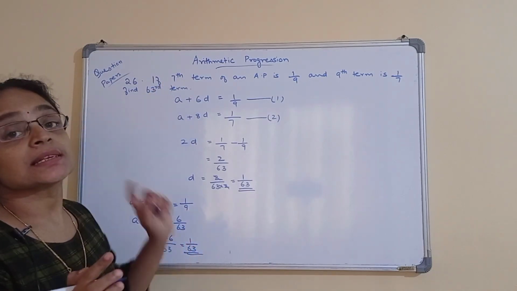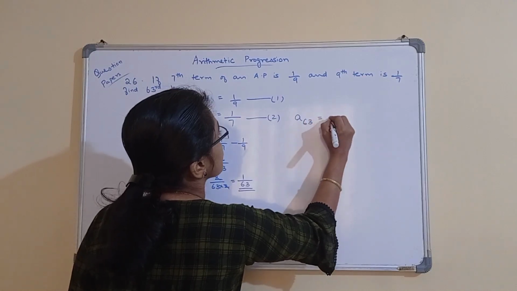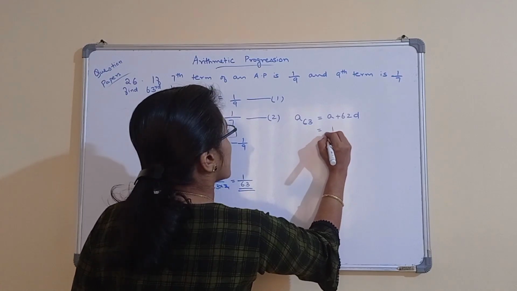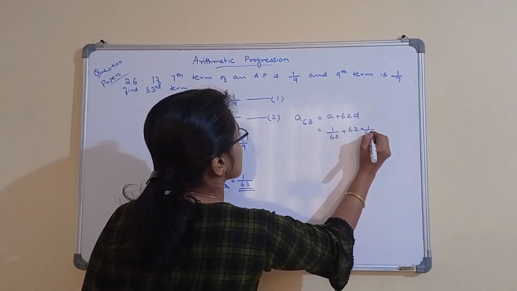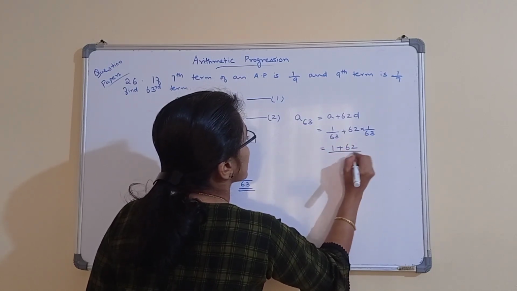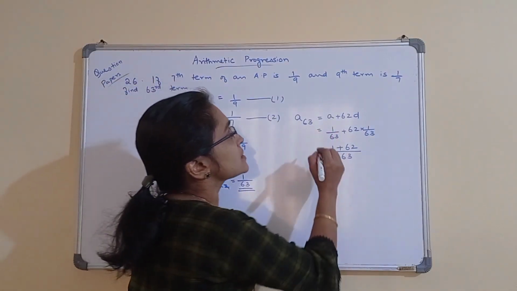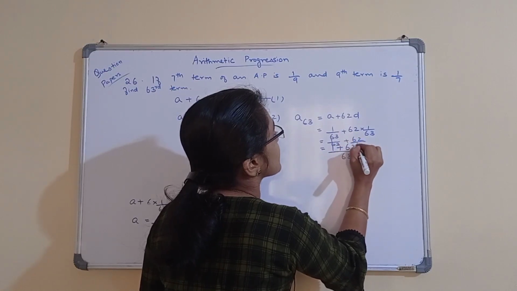Now find the 63rd term. So what is the 63rd term? A63 equal to a plus 62d, which is equal to 1 by 63 plus 62 into 1 by 63, which is equal to 1 by 63 plus 62 by 63.